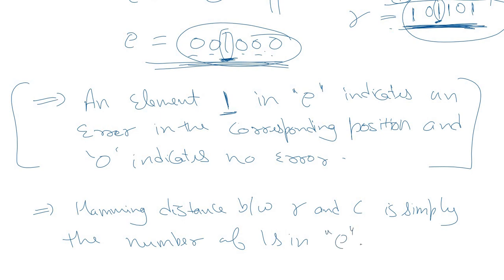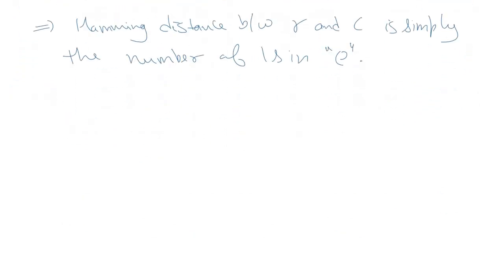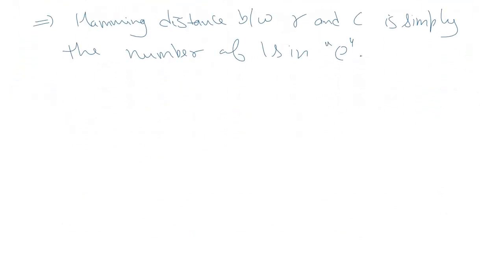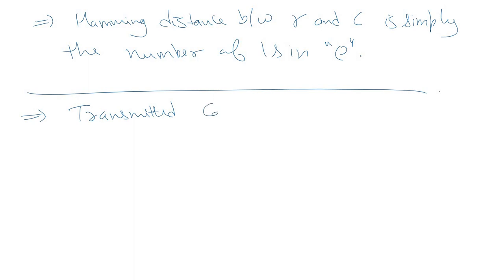Now let us generalize this concept of error word and the decoding process. Let us suppose the transmitted code word is CI, and the channel noise causes an error.